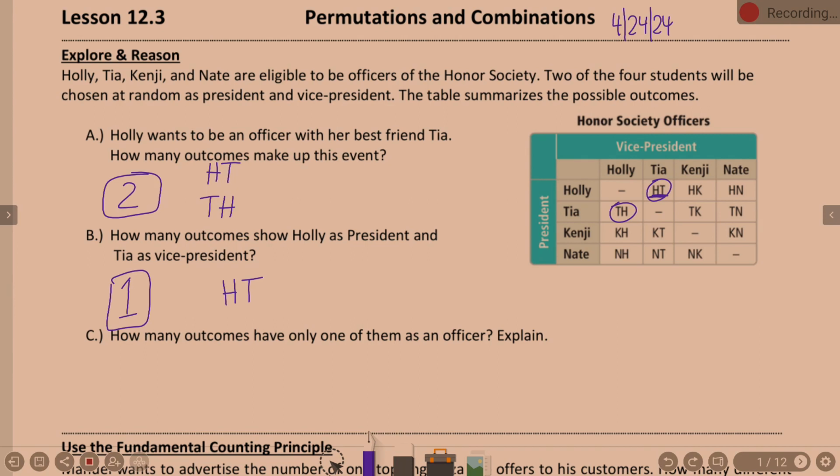Start listing them for me. HK, HN, TK, TN, KH, KT, NH, NT.